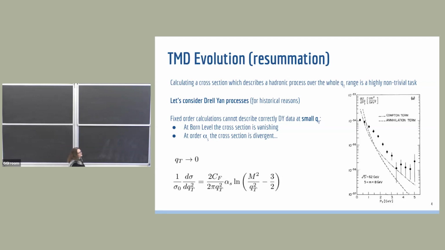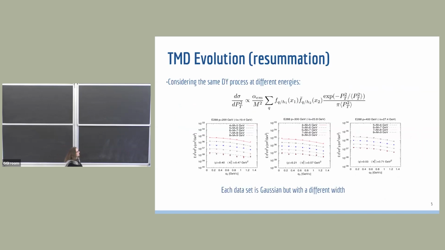So if QT is large, you do pretty well. But you have a problem when QT becomes small, because your perturbative computation goes to infinity, diverges, right? Whereas you see that the experimental data hint to a completely different behavior, certainly not divergent, okay? So you do have a problem with perturbation theory, and what you can say is, I use a completely phenomenological approach.